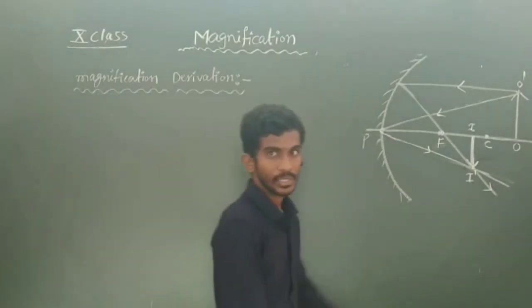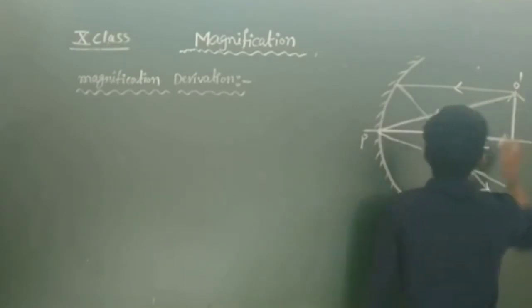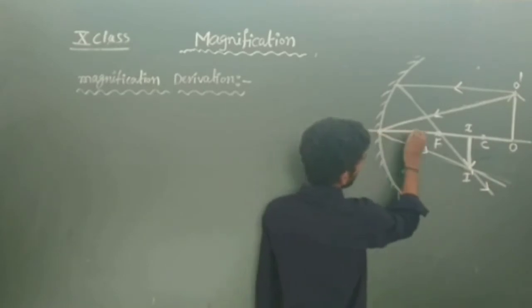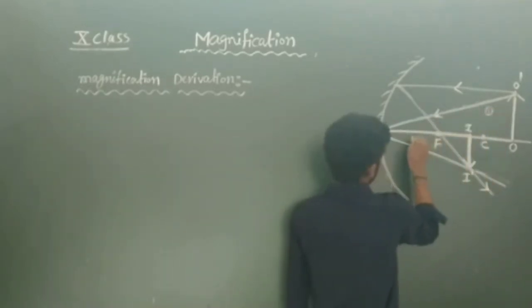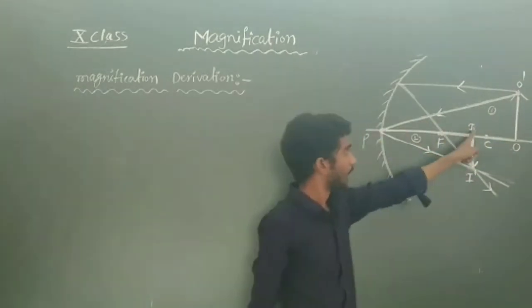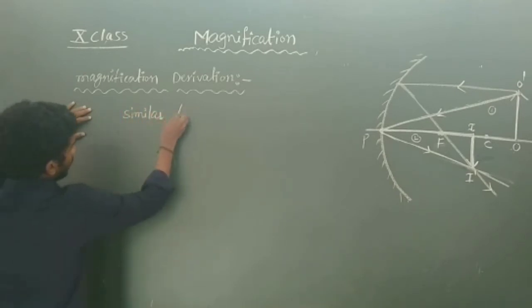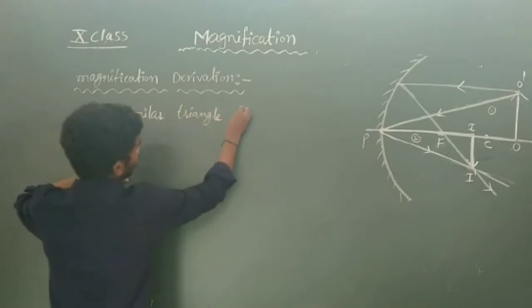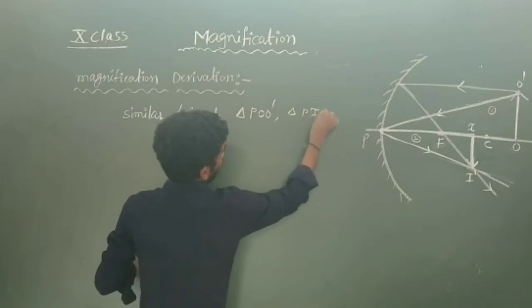So in this diagram, there are two triangles: triangle P O dash, and next, triangle P I dash.